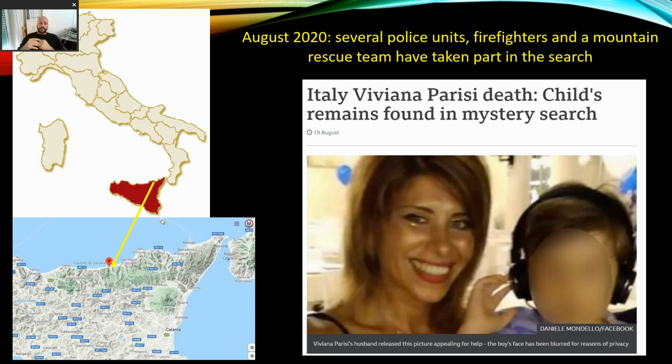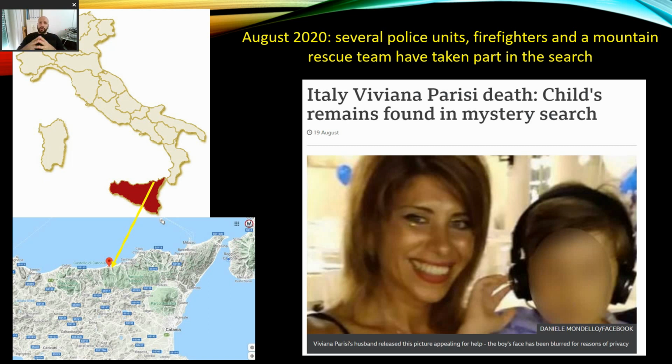And I was involved this summer in a very relevant case that happened in Sicily, in which a mother and a child disappeared one day at the beginning of August, and several police units, firefighters, and a mounted rescue team took part in the search.